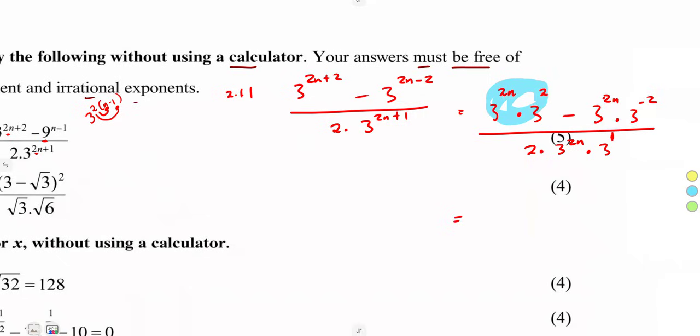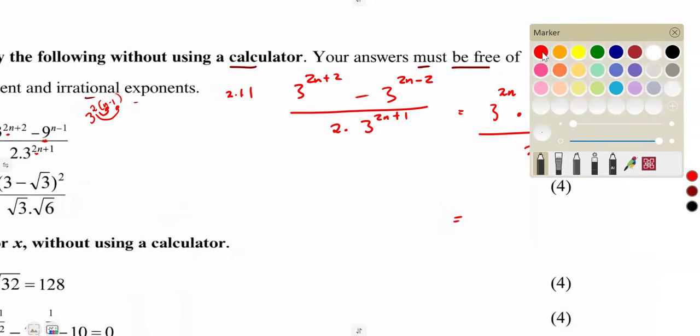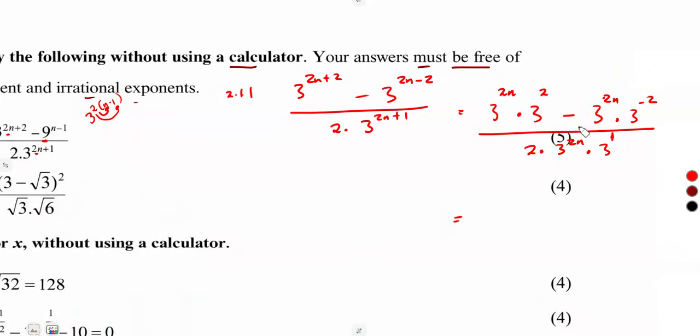The negative sign, we can factorize. So in the numerator, we factor out the 3 to the exponent of 2n, which is common. So you're going to remain with 3 to the exponent of 2 minus 3 to the exponent of minus 2. Everything over what?